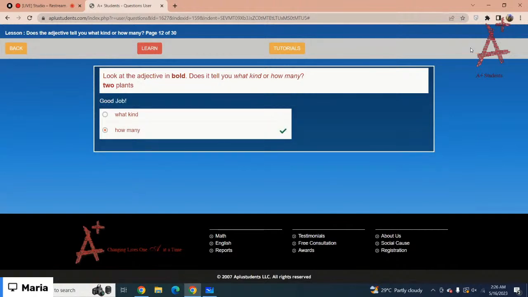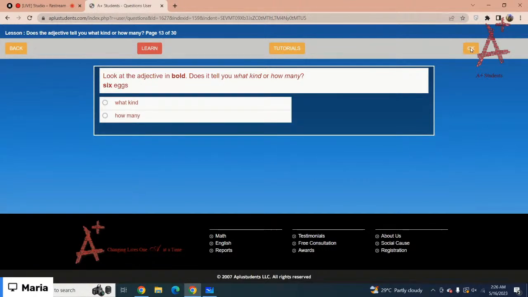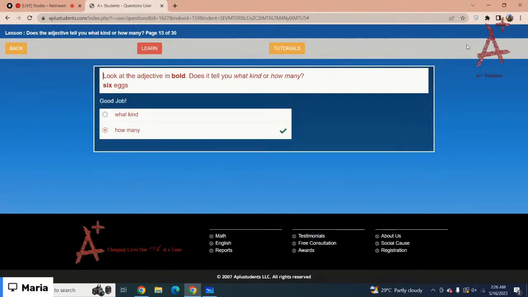Numbers are always how many. Look at the adjective in bold. So, which is the correct option? Six eggs. So, six is again a number, so it tells you how many. Numbers always tell you how many, and the other words are what kind.